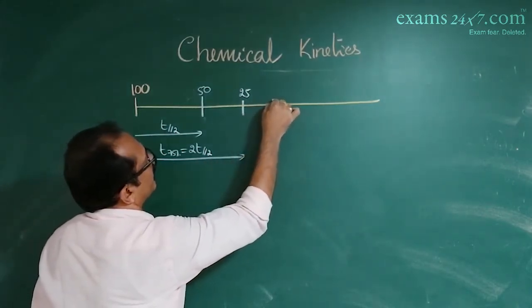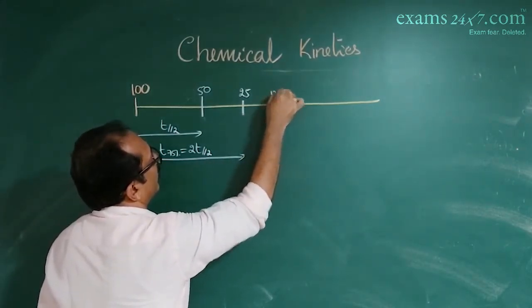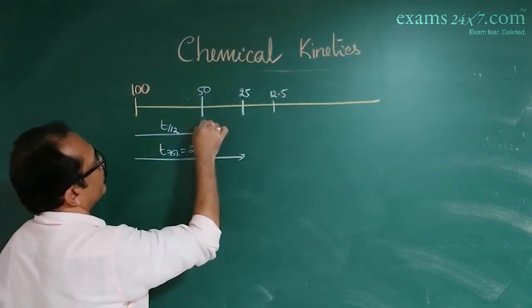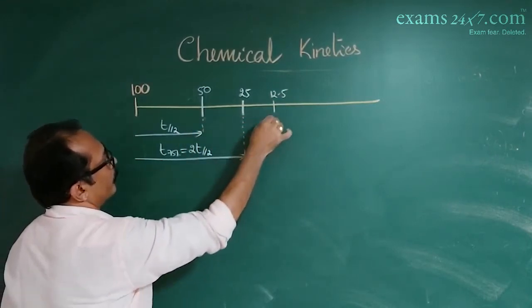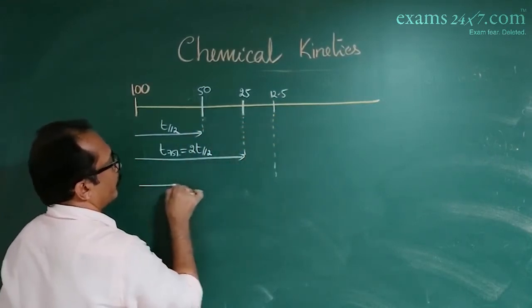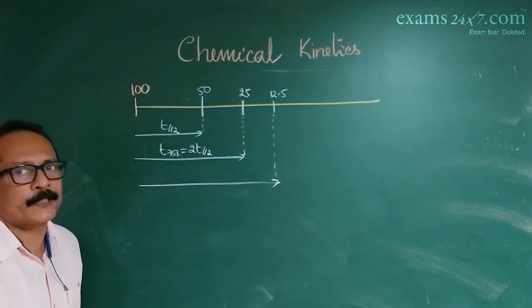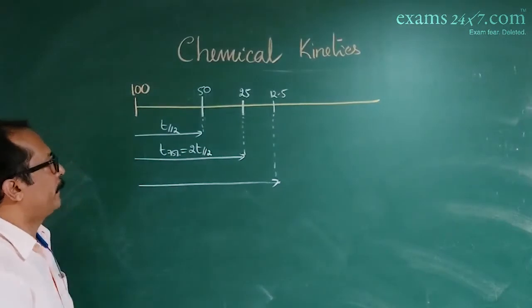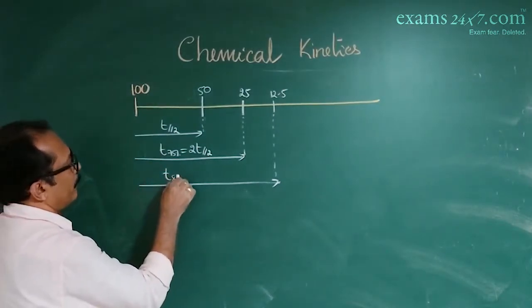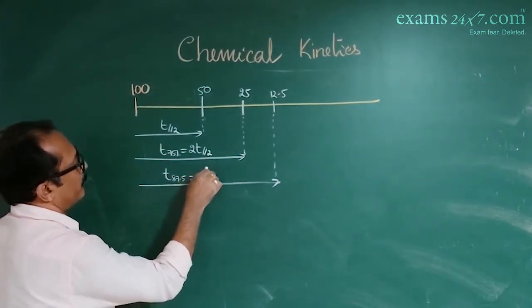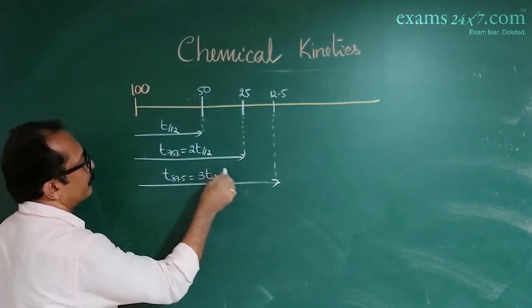Next one, half of this is 12.5. Total completion is 87.5. Time required for 87.5 is 3 half-lives.